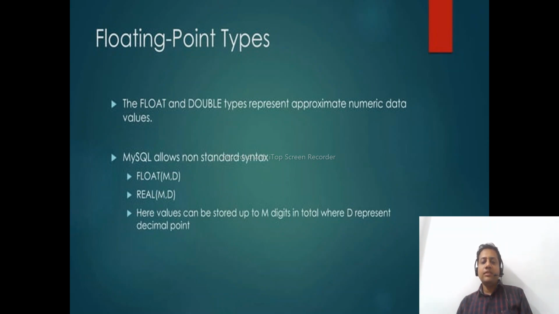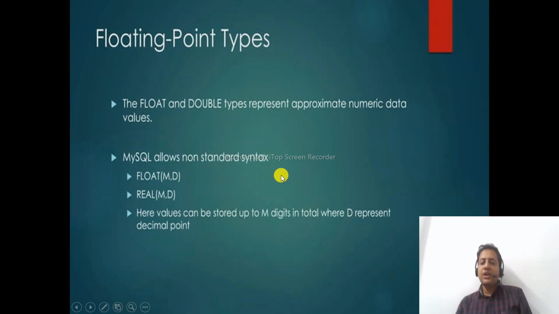You can display the length M and the number of decimals in D. This is not required, and it will default to 10,2. That is, up to 10 digits, in which the first 8 will be before the decimal and the last 2 after the decimal.